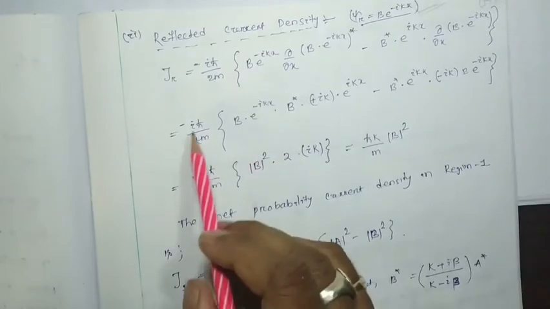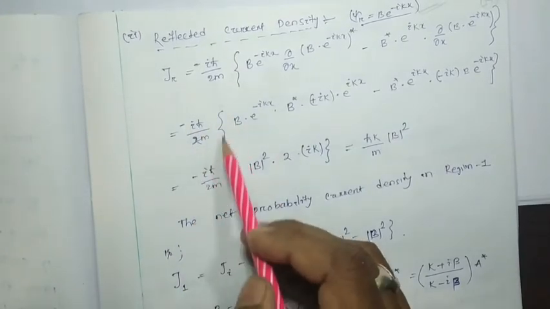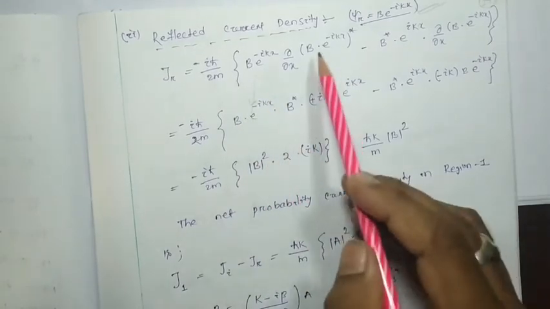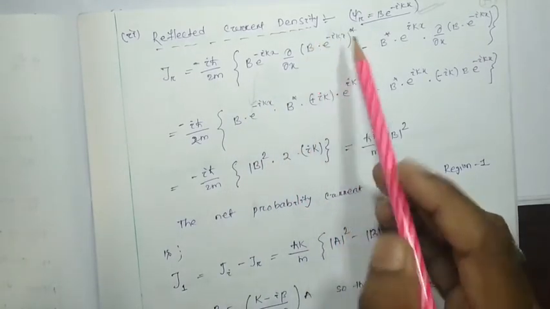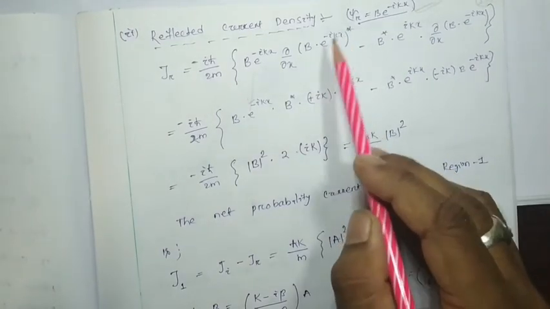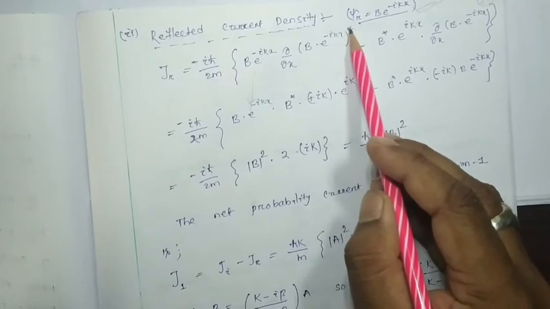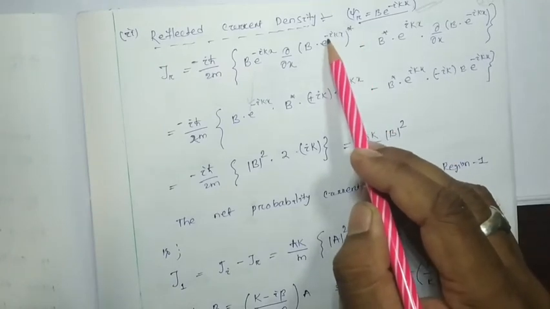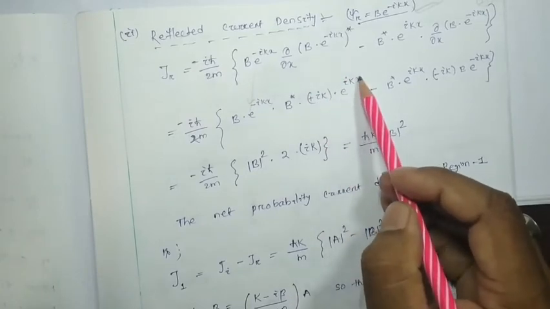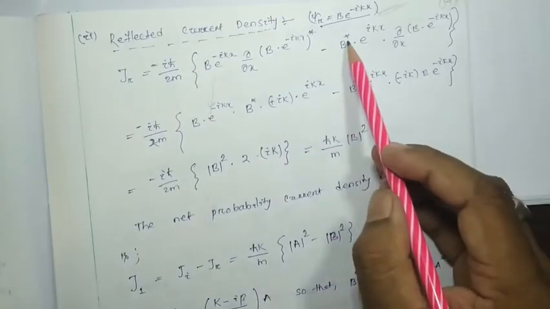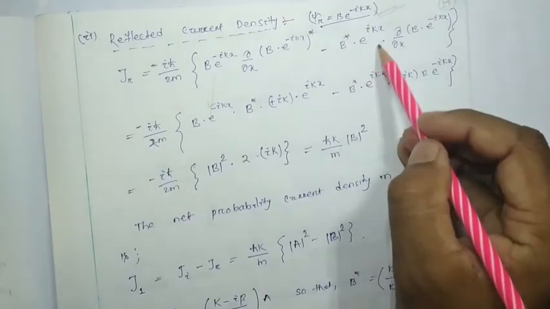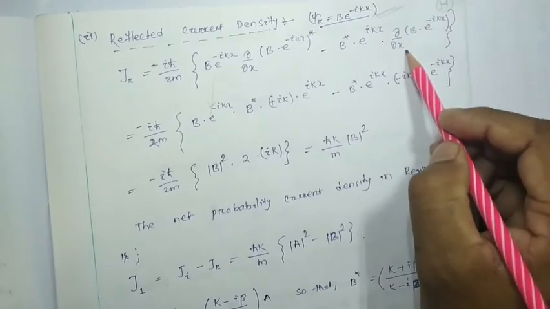Okay, carefully you have to watch. Minus is there, i h cross by 2m into b e to the ikx, as usual I have written here. The star of this one, the complex conjugate, will be b star e to the plus ikx. The derivative of this, because the star is there, the complex conjugate will be e to the plus ikx, and the derivative will be plus ik into e to the ikx, minus b star e to the ikx, because this is the complex conjugate, psi star, and del by del x of psi.